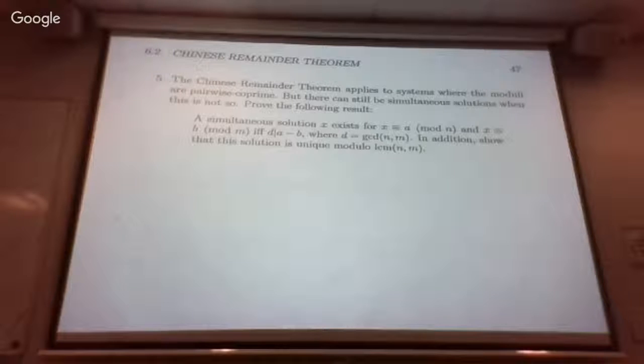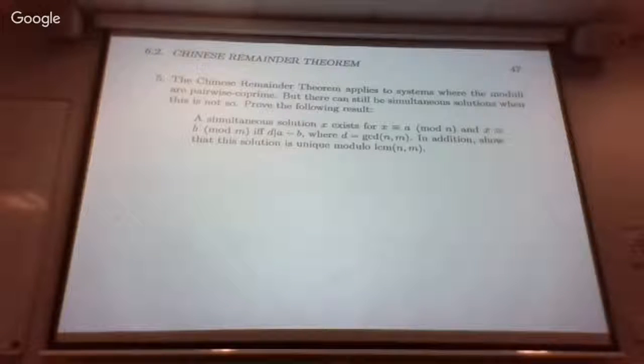So an important point to note about this thing that we're asked to prove here is that this whole thing is equivalent to the CRT when the GCD of n and m is equal to 1.